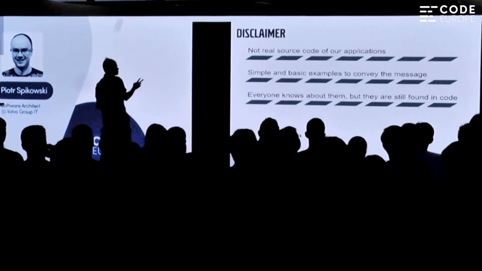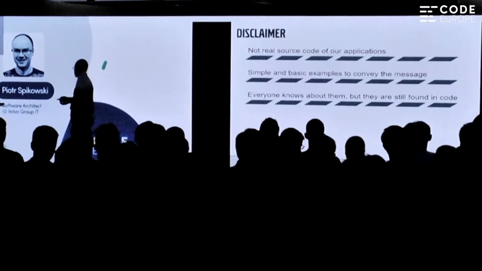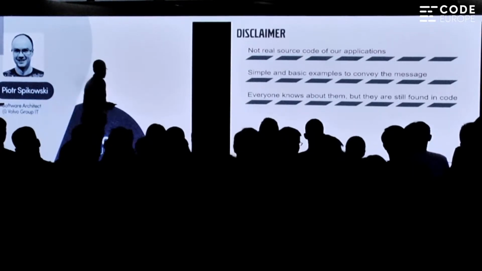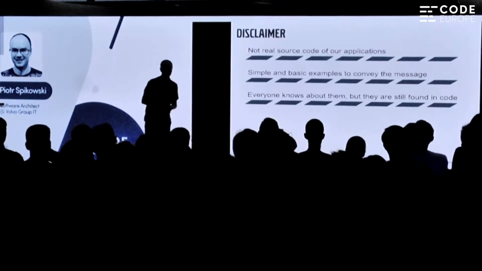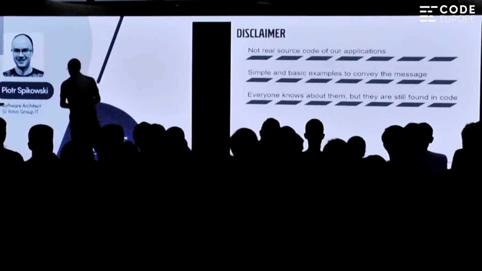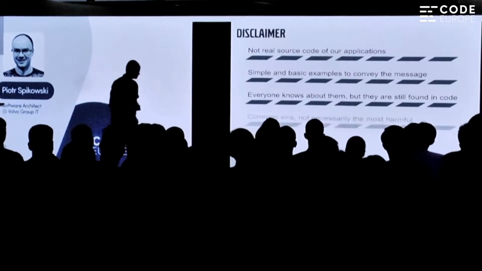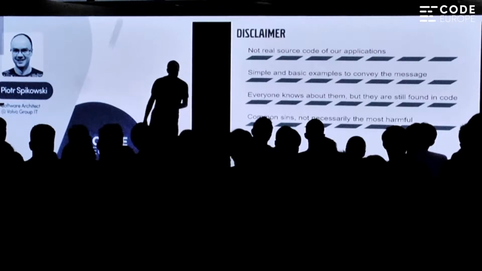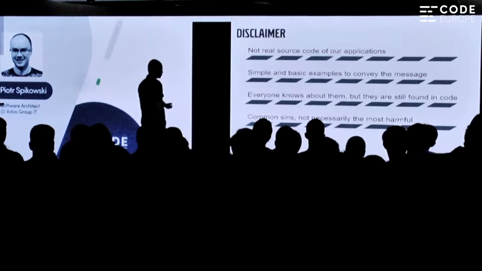This is quite obvious. It might be that everyone knows about those things. If you no longer do those things, then I would say it's good for you. It means you work in an extremely mature organization. You have extremely good control over the quality of your implementation. What we are going to present might be common sins, but it does not mean they are the most harmful.